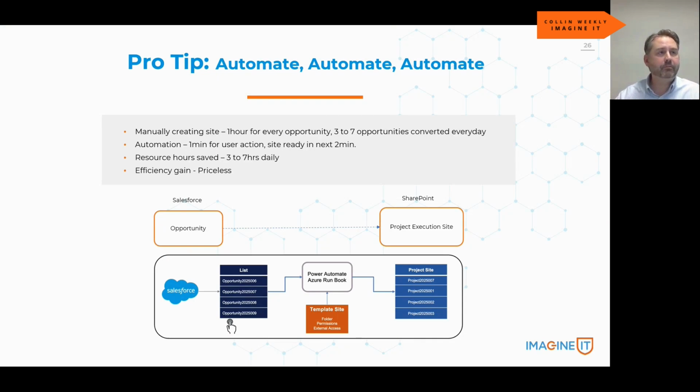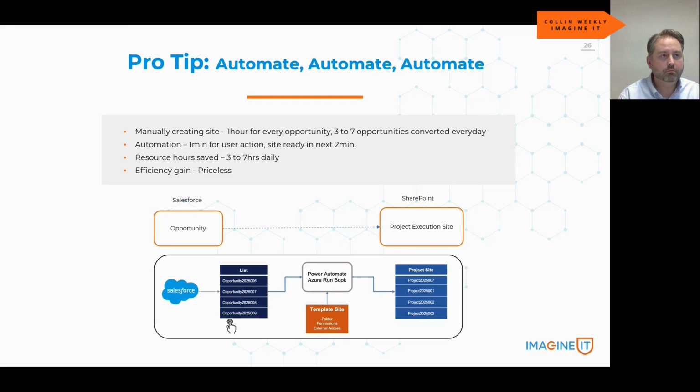Yes, exactly, Colin. And what we're doing in this case study is extending or showing how Power Automate can be used not only for simple tasks, but it can also be developed and used in more advanced situations. In this graphic, we didn't show all the steps for all of the Power Automate routines, but this is more of a high level view of, okay, this company had an opportunity in Salesforce.